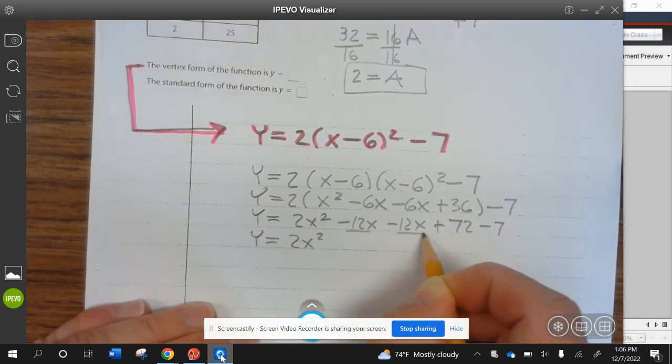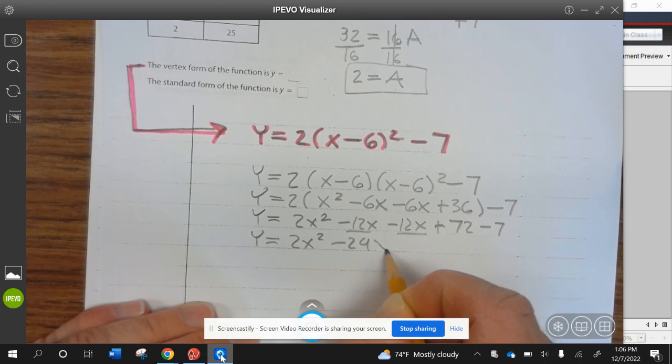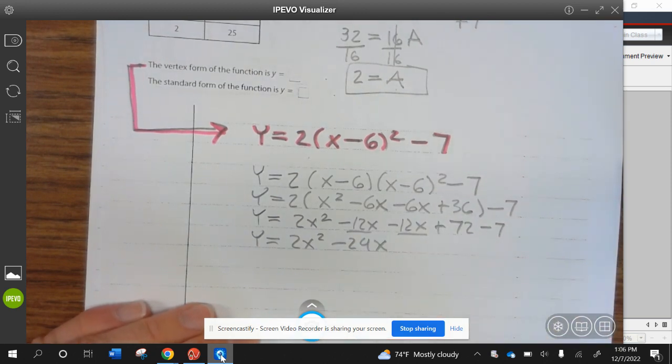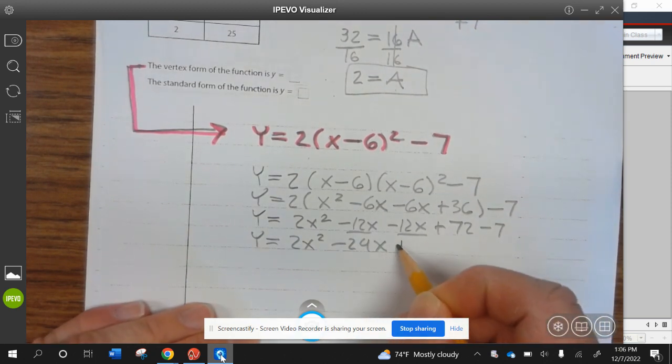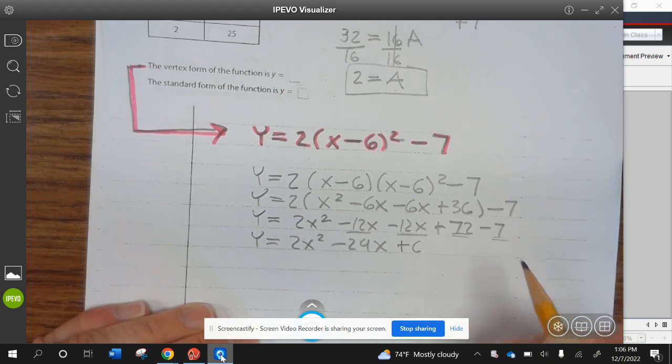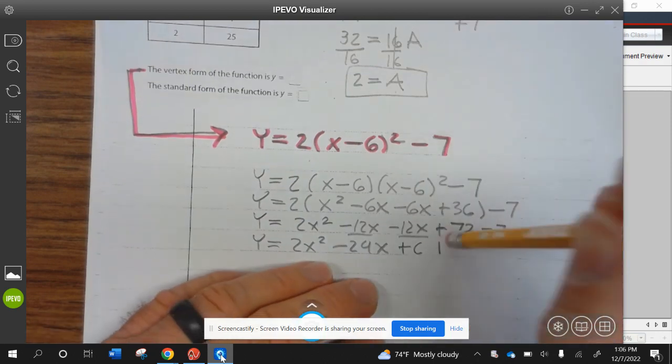So then that's y equals 2x squared. We're going to combine these. So minus 24x, and then plus, combine these. 72 minus 7 is plus 65.